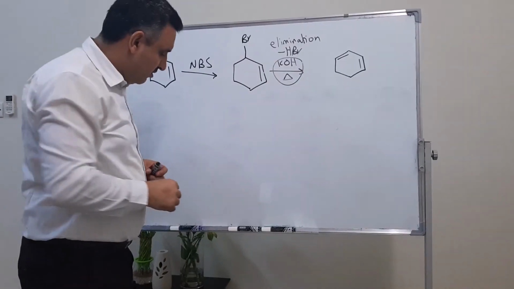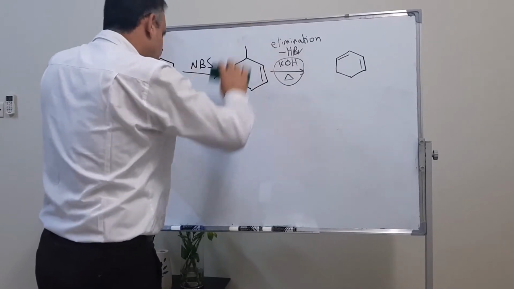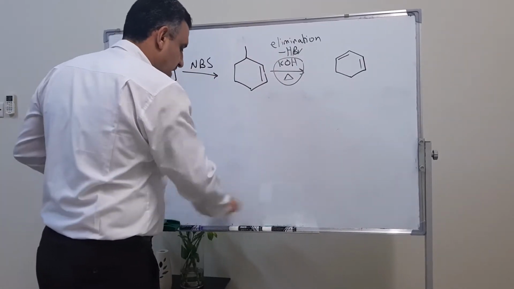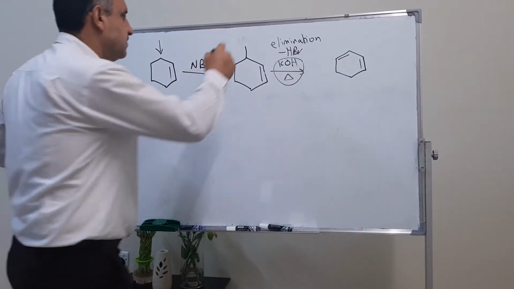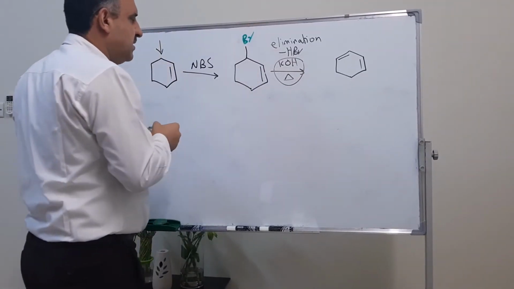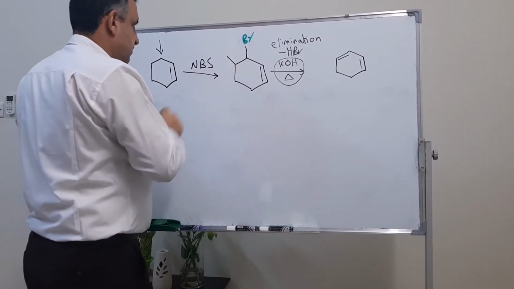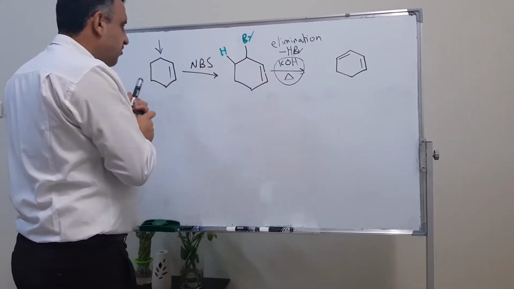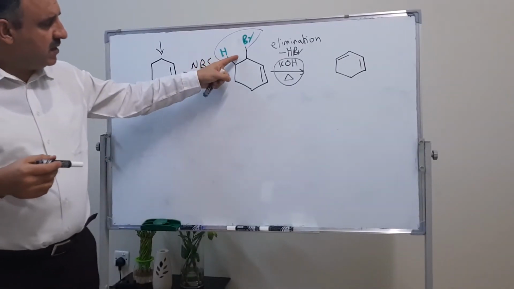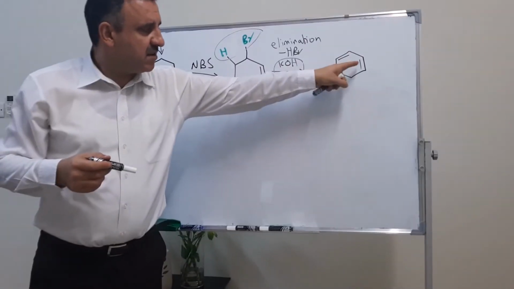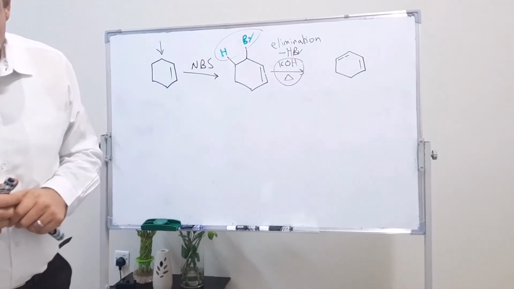So one halogen from here, I'm just going to show it to you with different colors, the halogen which was already there, and the adjacent hydrogen in here. The removal of these two species will leave a double bond in here, and therefore we are going to get 1,3-cyclohexadiene. Do you follow me?